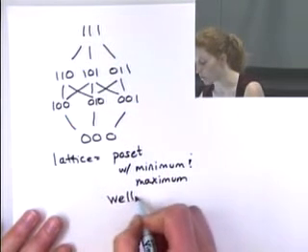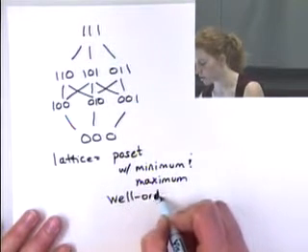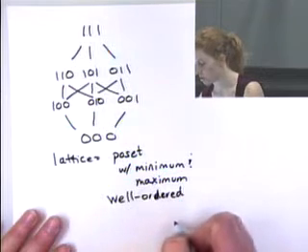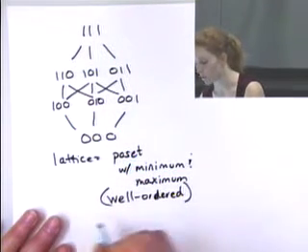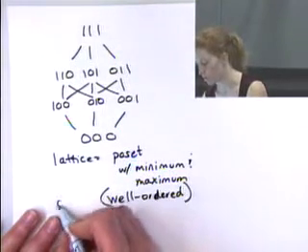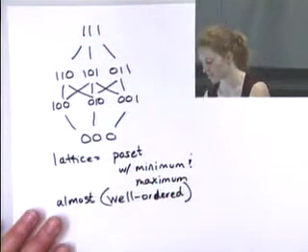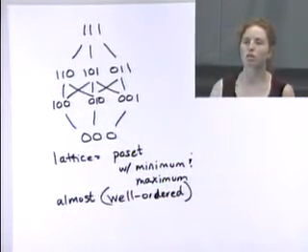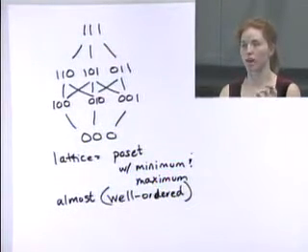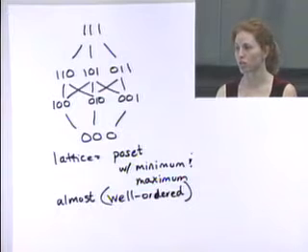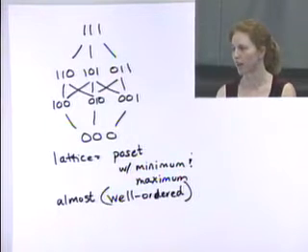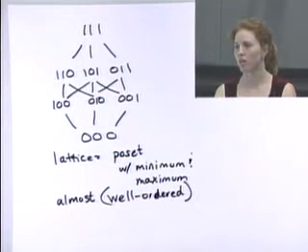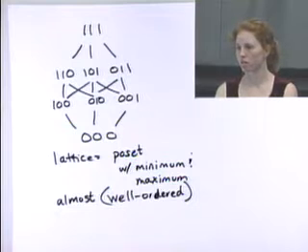This is known as being well ordered. This is almost well ordered. It's not quite. The reason it's not well ordered is that if I can compare any two things and tell which one is bigger or higher up in the chain, then it's well ordered. But we have things that aren't comparable.